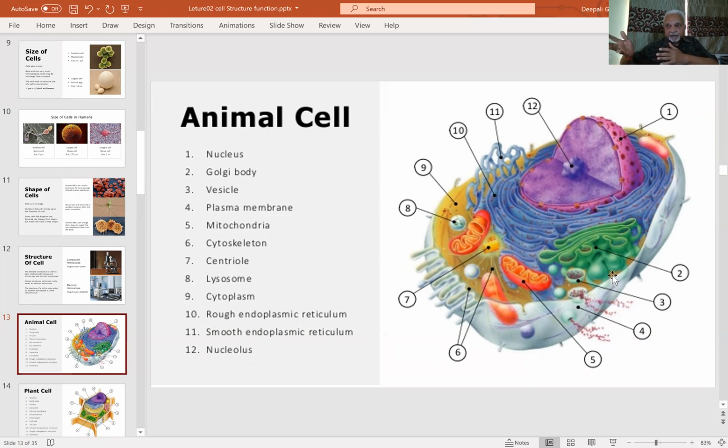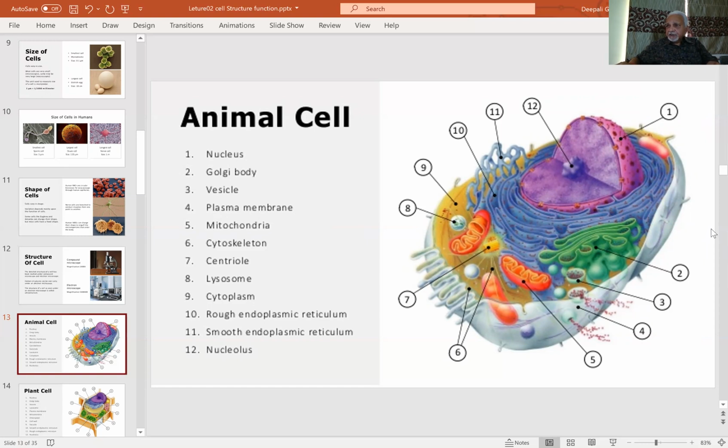All three types of cells have been studied structurally and functionally in general. So you are familiar with this slide. I will just go through it. This is the typical animal cell. It has a nucleus, and then you have the Golgi complex, endoplasmic reticulum, and the mitochondria, you have lysosomes, you have cytoplasm, and the endoplasmic reticulum has rough and smooth surfaces.